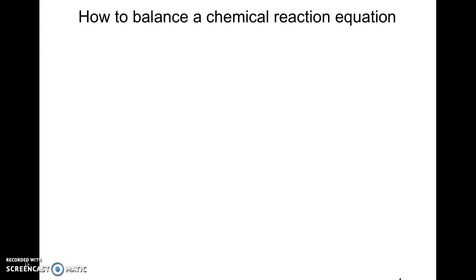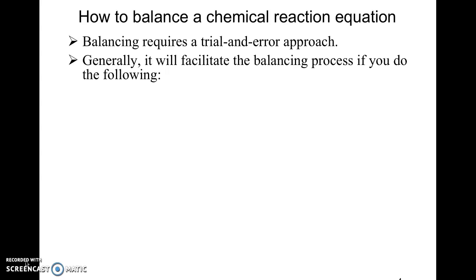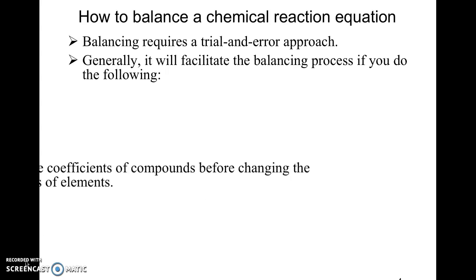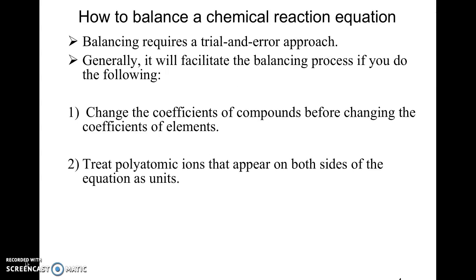Okay, so the question is how to balance a chemical equation. You need to realize this is generally a trial and error kind of thing, but there are some standard steps you can do that will facilitate the process. One thing is always think about the compounds before you change the coefficients on elements, because elements are very easy to change. Leave them till the end.